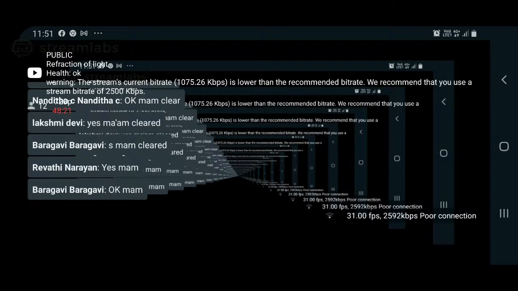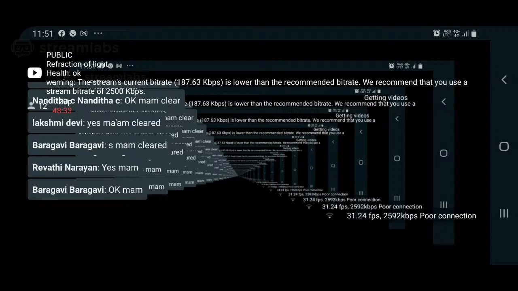Hope the concept of refraction through the glass slab, a rectangular glass slab, has been cleared. Should I repeat any concept in this refraction and the laws of refraction? Anything to be repeated?